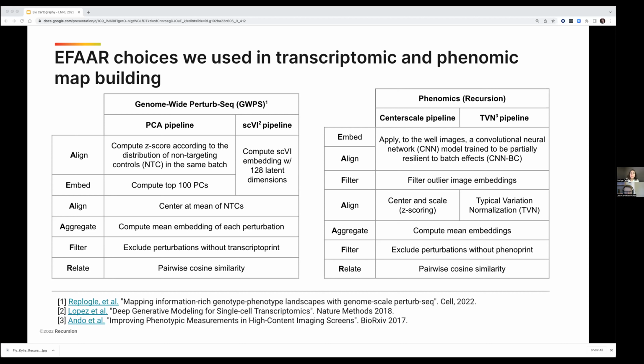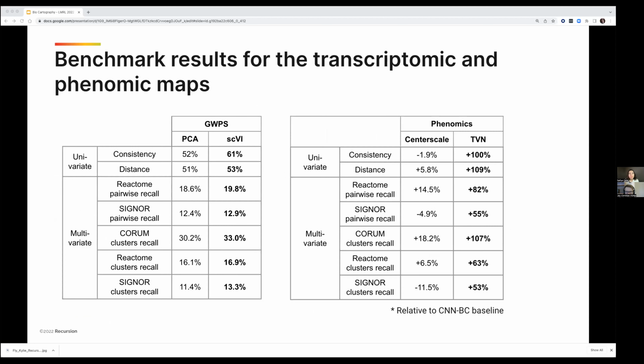The second one, titled TVN here, based on typical variation normalization, decreases the impact of the dimensions that capture variance among the controls. So depending on the choices that we just introduced, in the EFR pipeline we can get different levels of recapitulation of known biology, which is the whole point of our benchmarking pipeline.